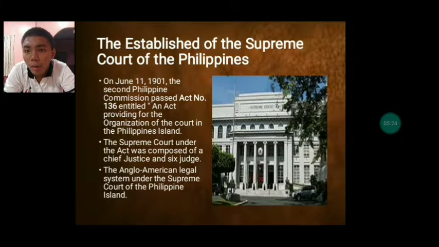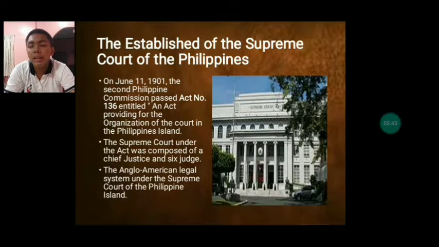The Anglo-American legal system under the Supreme Court of the Philippine Islands was expected to operate differently from the old Spanish system that the Filipinos were familiar with.